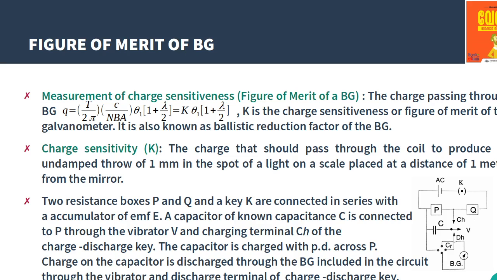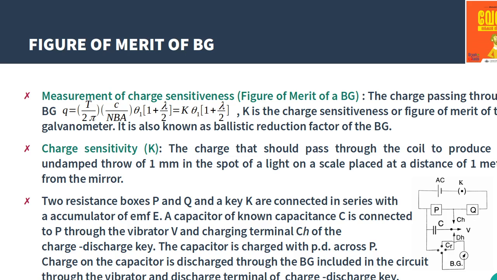Here, what we are going to measure is this charge sensitiveness. And what is this charge sensitivity? This charge sensitiveness is known as the figure of merit of BG. If you get a question, write the charge figure of merit of BG, you should start from here. So figure of merit of BG means charge sensitiveness of that BG. What is charge sensitivity?